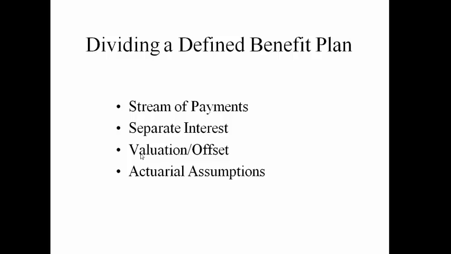So, for example, if you remember my very exaggerated example of the two assets in the estate, the home and the plan, and we valued the home at $500,000 and we valued the benefit account at $500,000, what do you think would happen to the participant spouse's family if he collected one check and died?